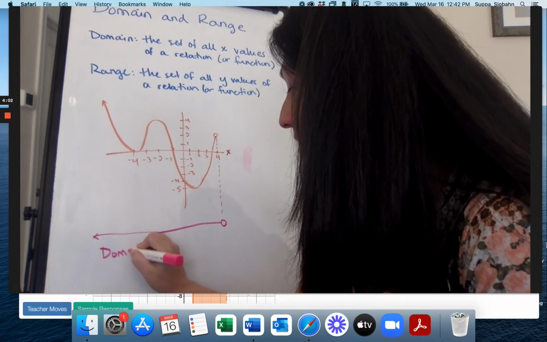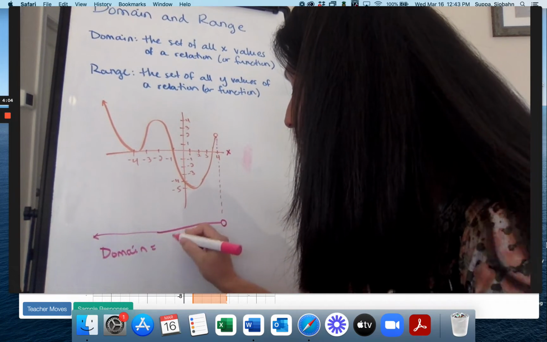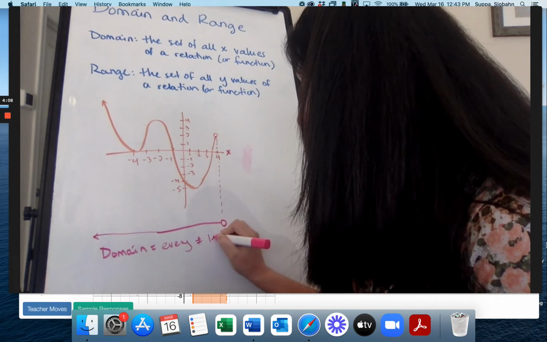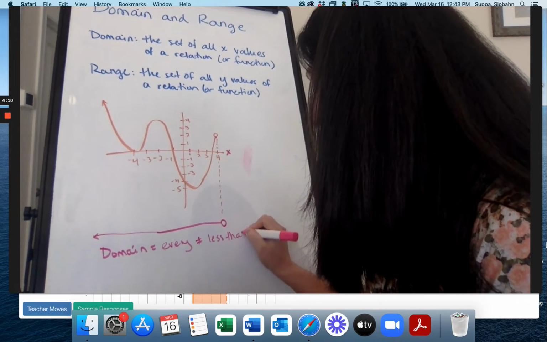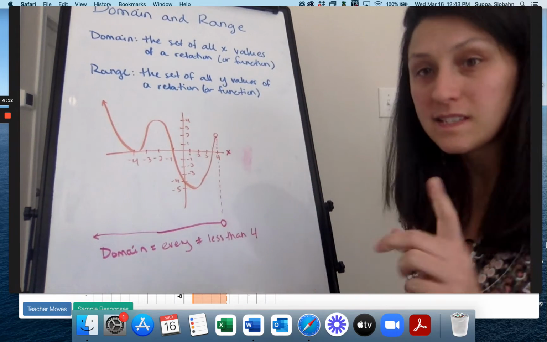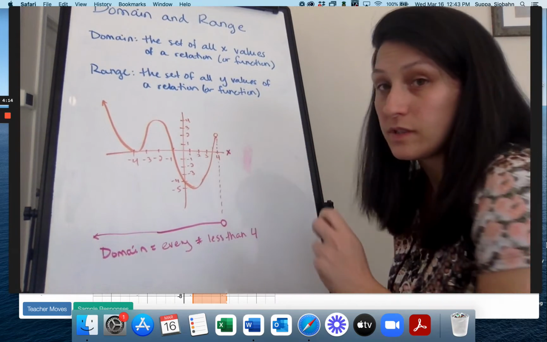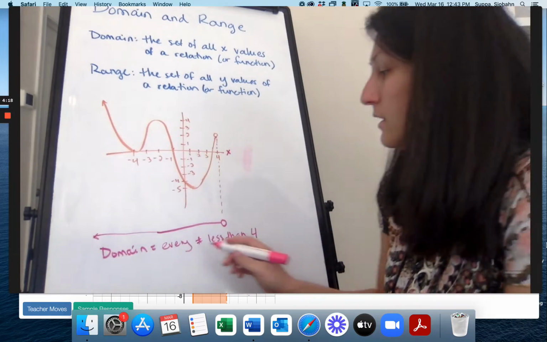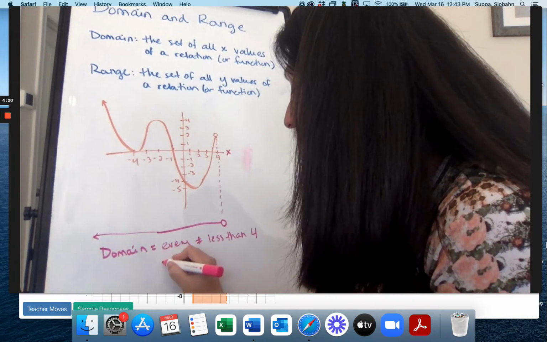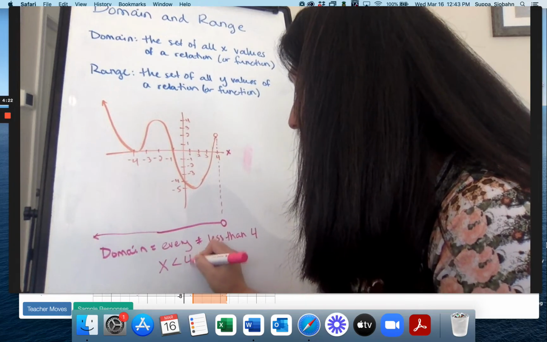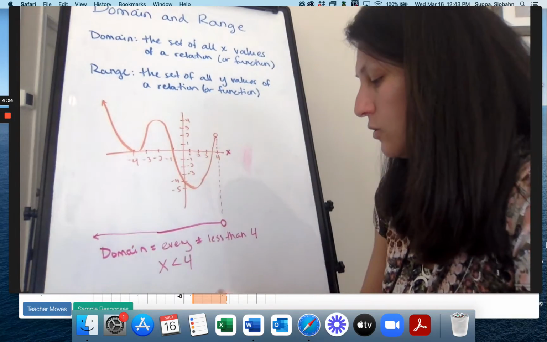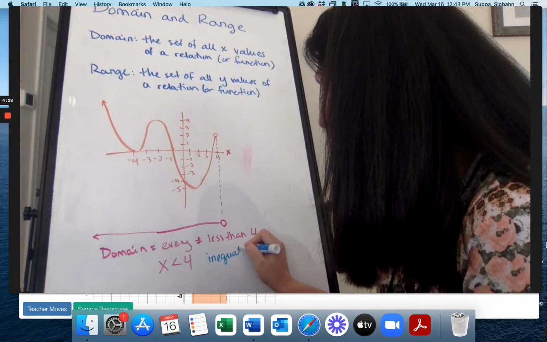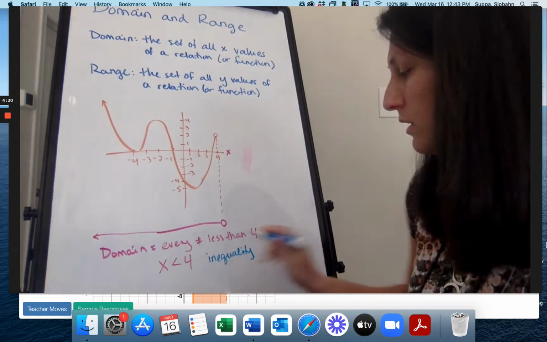In English, the domain is every number less than 4, not less than or equal to, because that's not a filled in circle. So that's key. It's just every number less than 4. Another way to say that is you could just write x is less than 4. This is called inequality notation because that symbol is an inequality symbol.